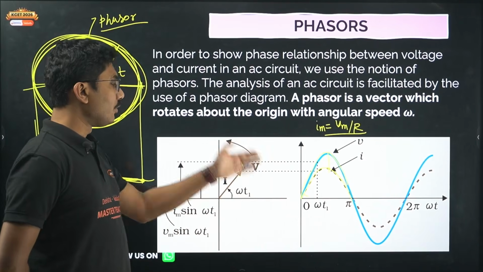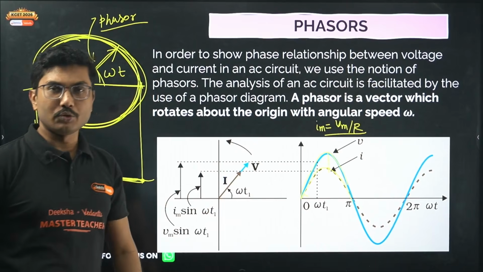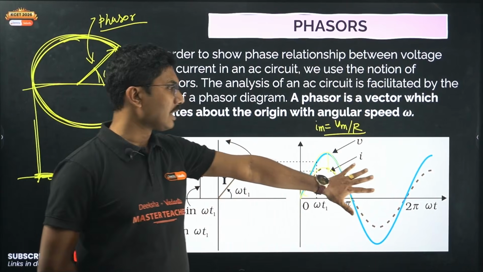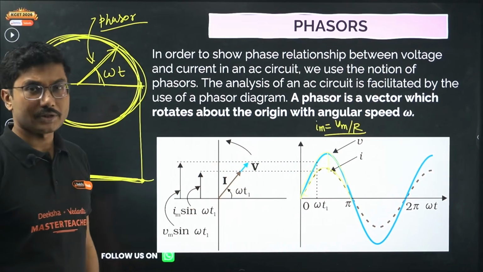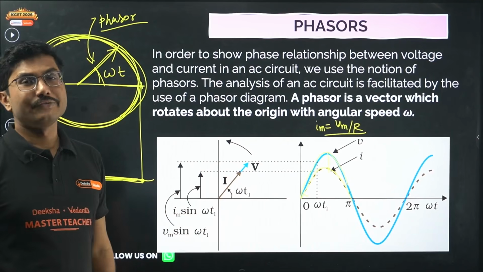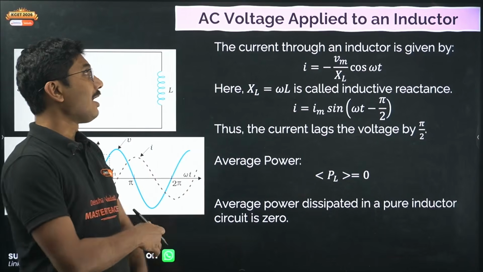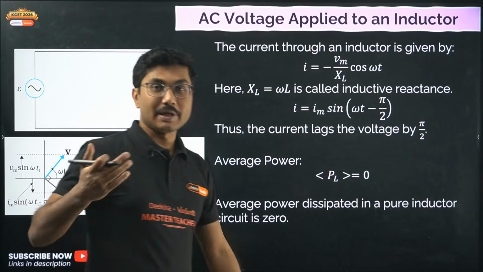And no matter how many times you rotate them, the corresponding graph will continue to be produced. But if we ignore this graph, only this diagram is sufficient for us to study any AC related cases. That's why this is very, very important, especially for cases like voltage applied to an inductor and voltage applied to a capacitor.